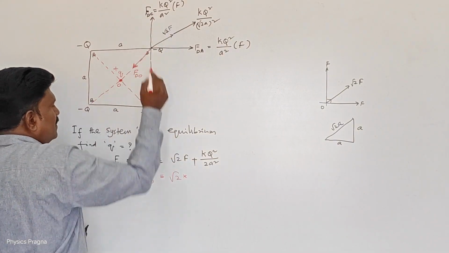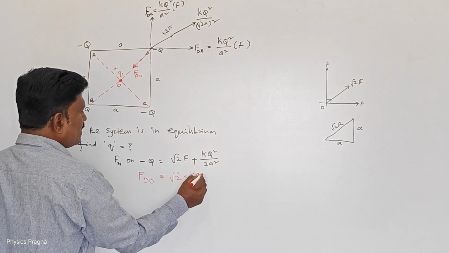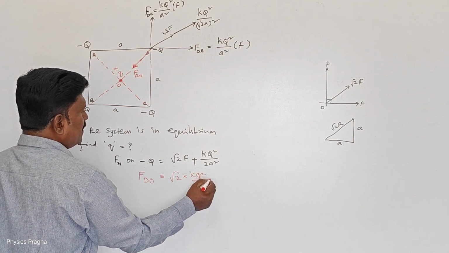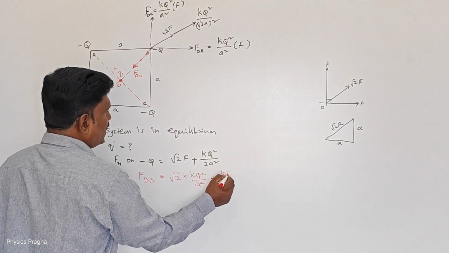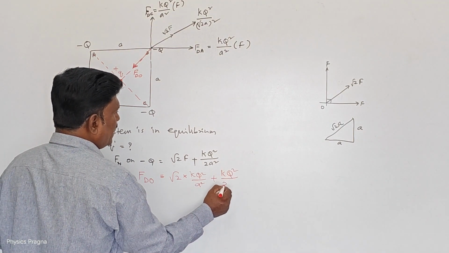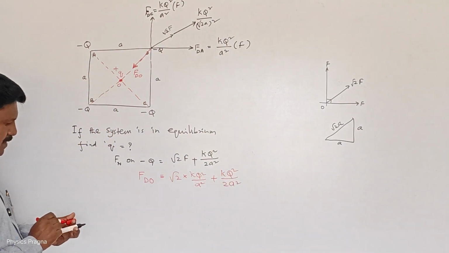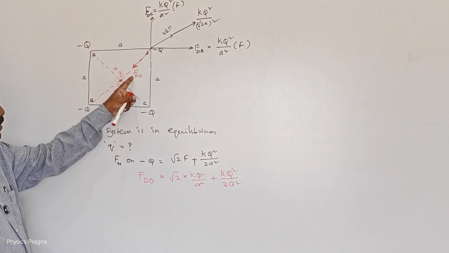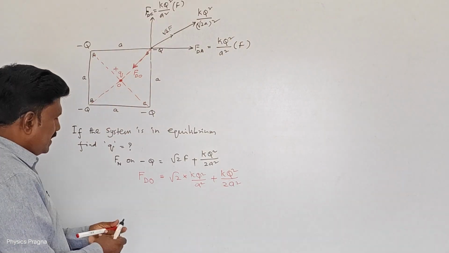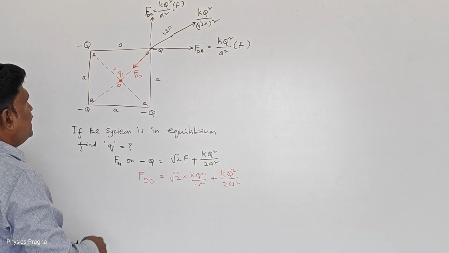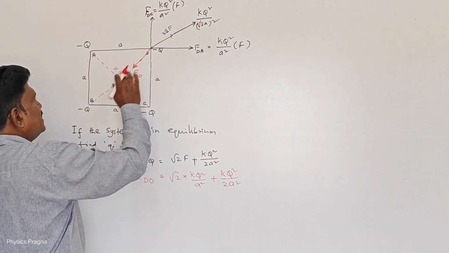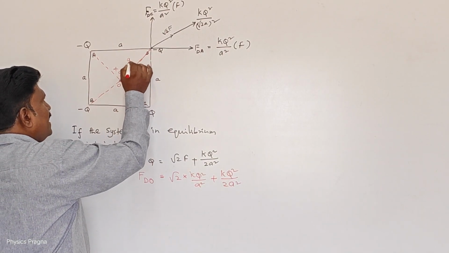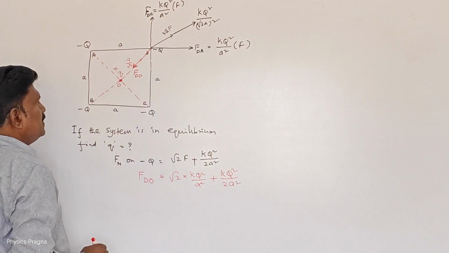What is the F value? K Q square by a square plus K Q square by 2a square. So the force on D due to the charge at O, this value I will calculate. See, the OD distance is, the total diagonal distance is root 2 a, so this distance is a by root 2.